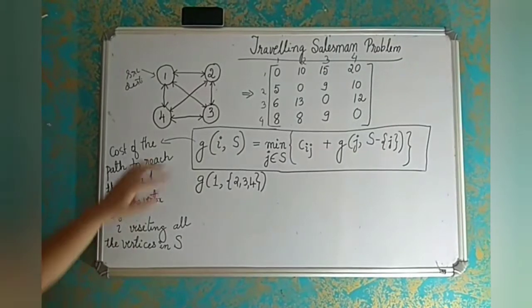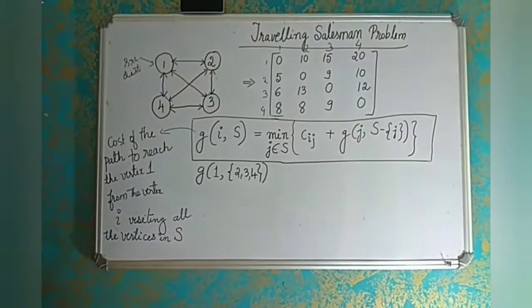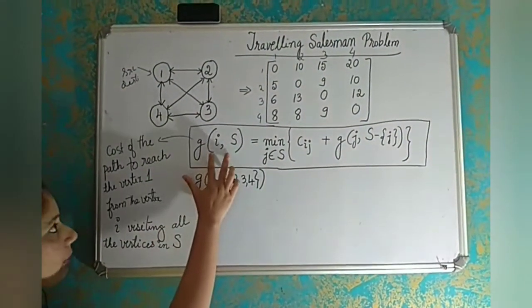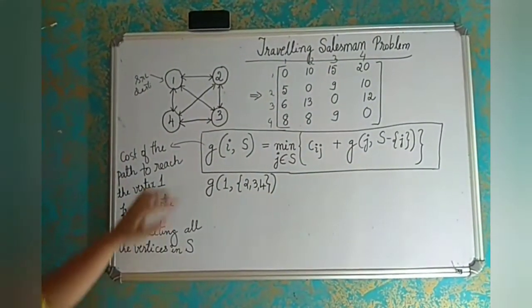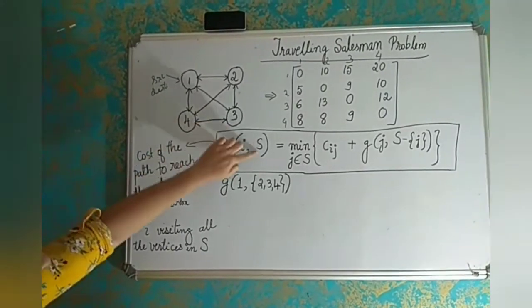Now G of I comma S. You need to understand this terminology properly so that you can expand this. What does this G of I comma S indicate?